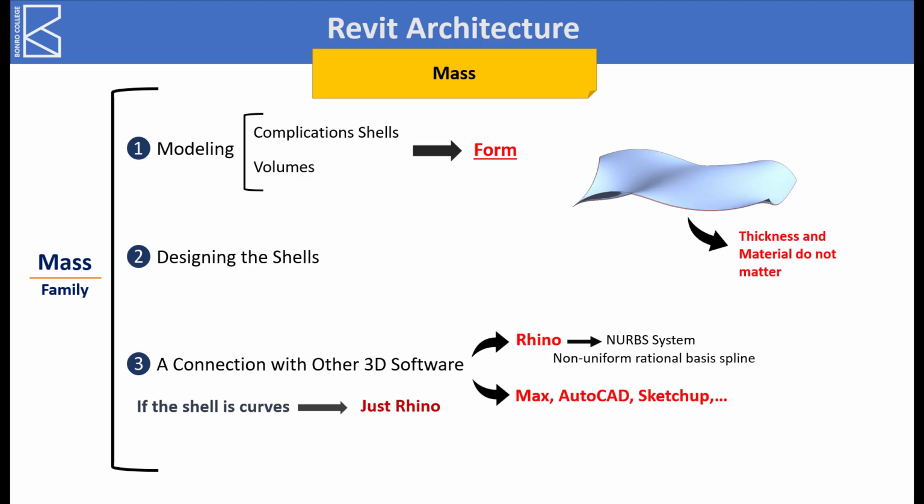But if the shell is flat and broken like this, you can use both, Max and Rhino, it doesn't matter. And of course, SketchUp can be a good option because it's so simple. You can use it.